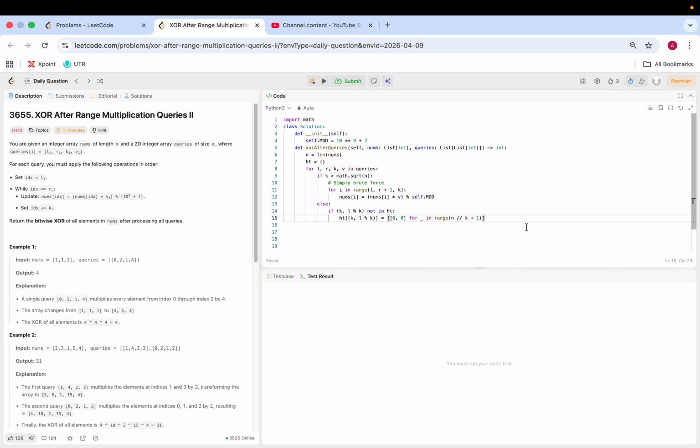With this floor function, it's integer division. Now just add 1 because I think it's nice to have the plus 1 there. So we make sure that the key exists, and then what do I do?